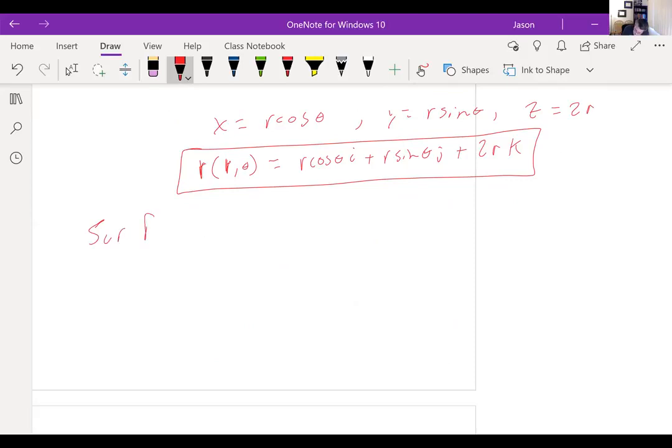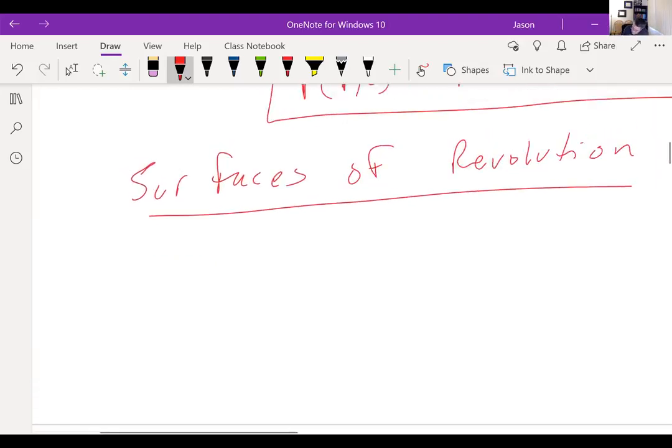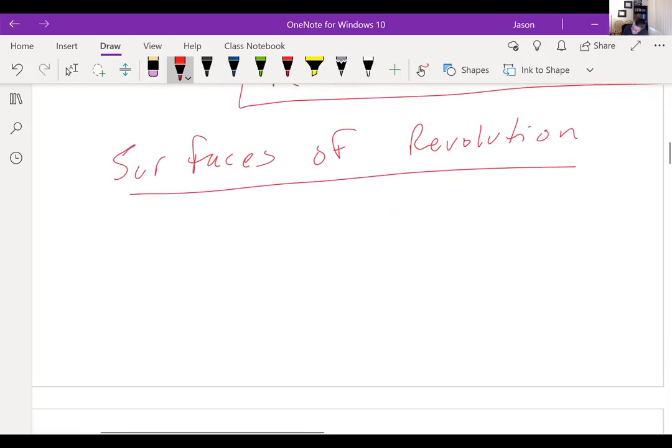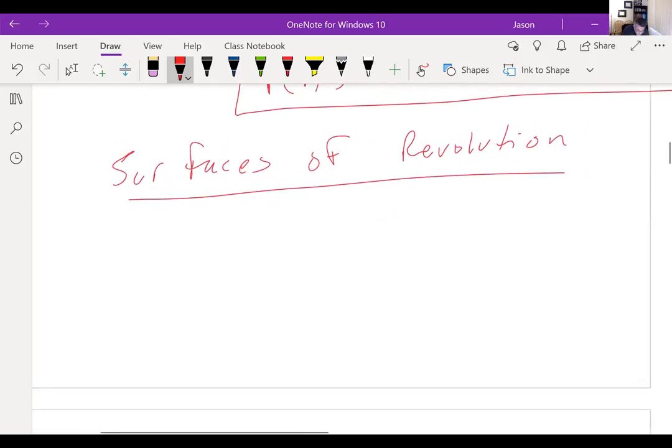Surfaces of revolution. So you deal with a little bit of this in Calc 1, well, actually Calc 2, where we do surfaces of revolution. So let's see what we can do with this.